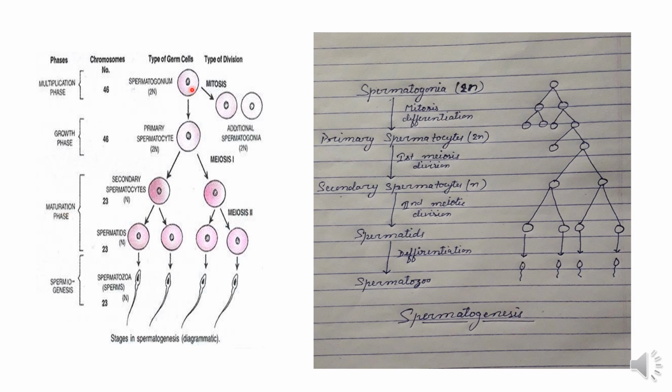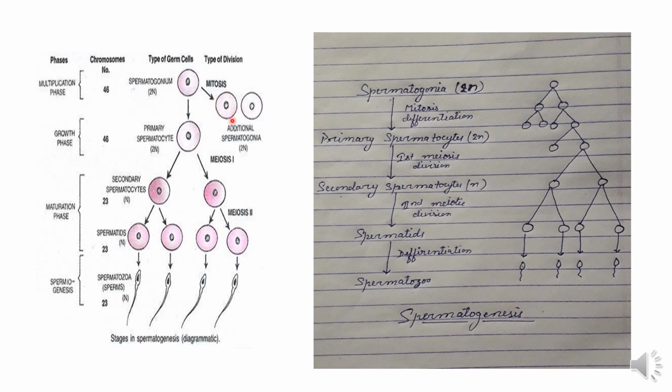The spermatogonia will undergo repeated mitotic division, forming a large number of diploid cells. As the germ cells multiply into innumerable spermatogonia, they keep dividing through mitosis. This phase is known as the multiplication phase.